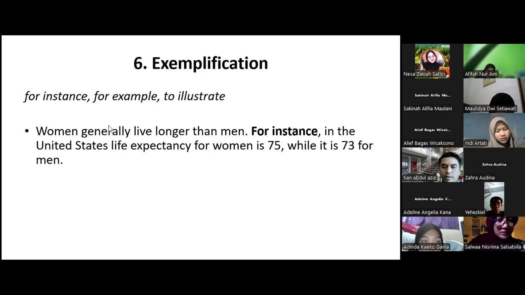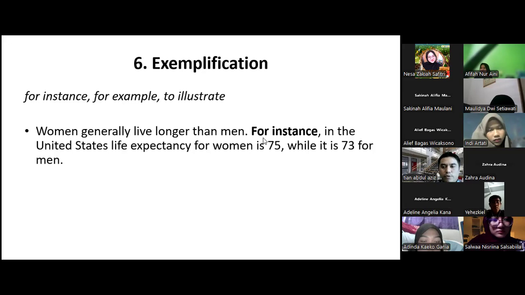Okay. The first sentence talks about general things. Women generally live longer than men. This is the general statement. And in order to support this first sentence, we provide an example or detailed explanation of the first sentence.